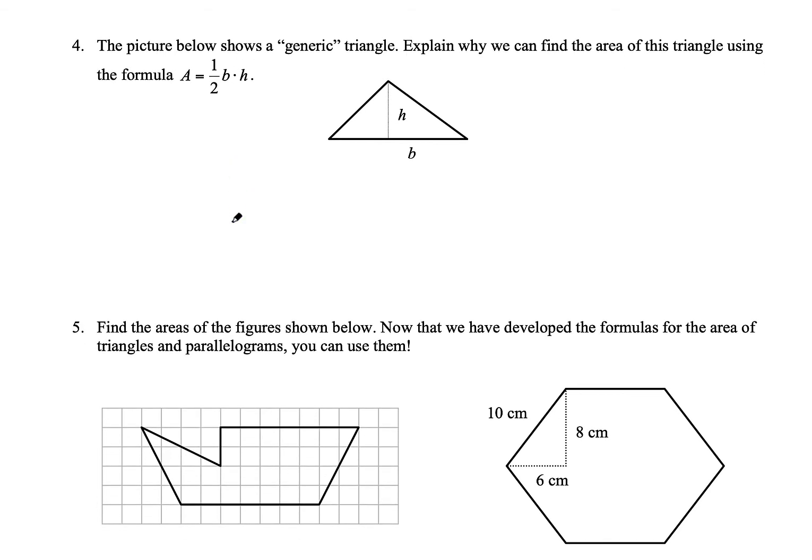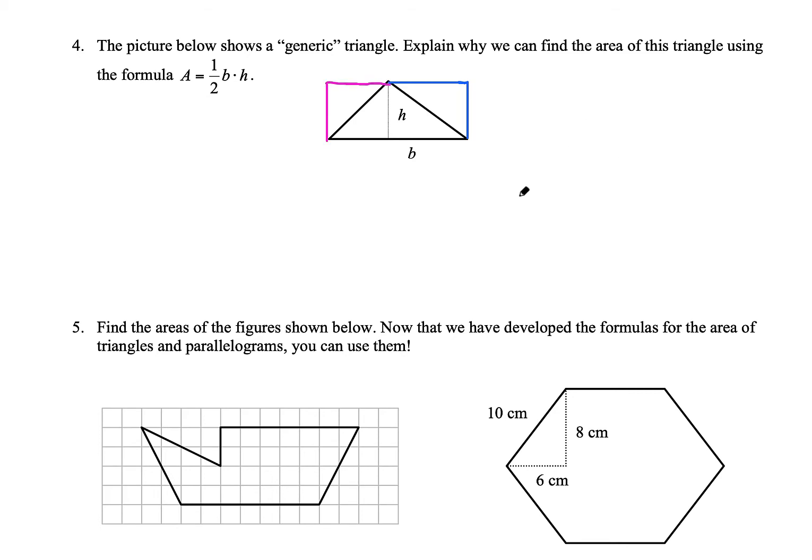Let's take another look at those triangles. So how can we find the area of this triangle using the formula 1/2 base times height? Well, the one thing that we did on the previous page is we boxed it in on both sides here, and I'm going to draw this second box as a different color.